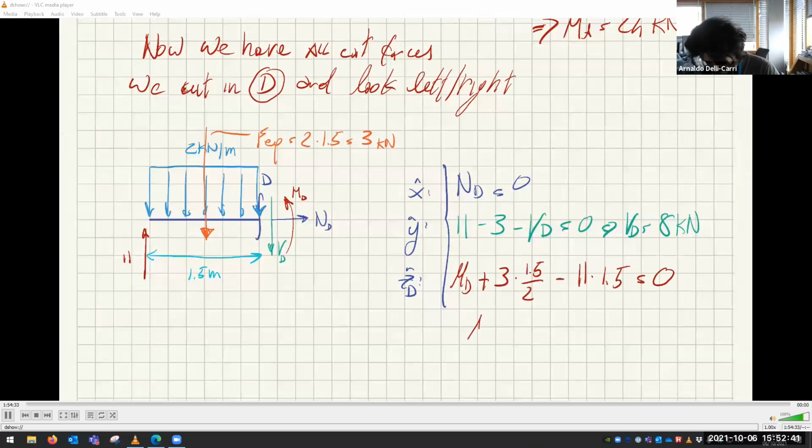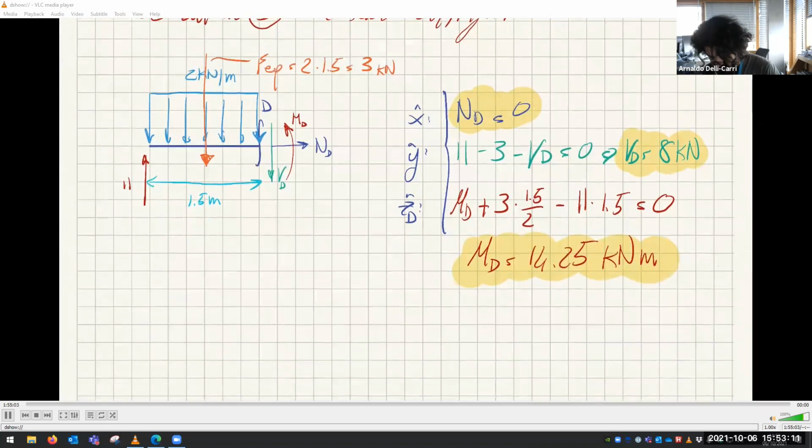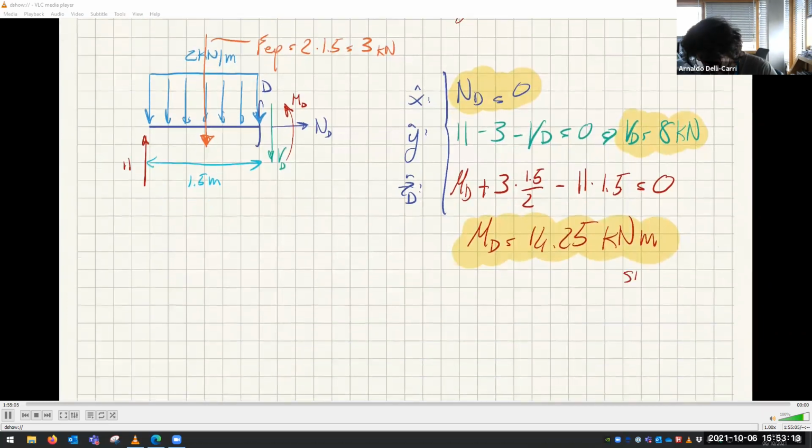So this gives MD equals 11 times 1.5 is 16.5 minus 3 times 1.5 divided by 2 gives 14.25 kilonewton meters. There you go. This is what's happening at point D. And remember, this is positive, so this is smiling.